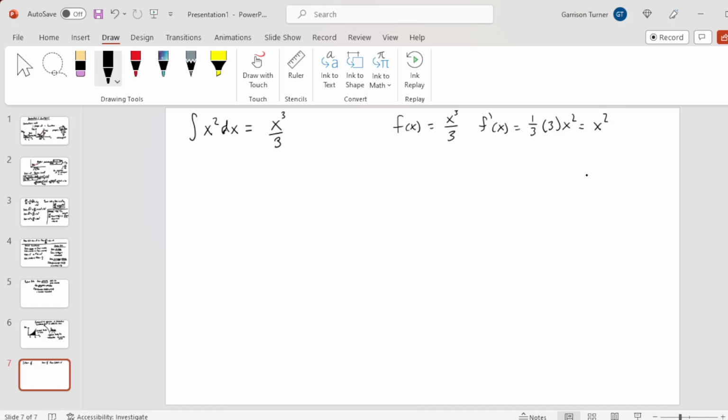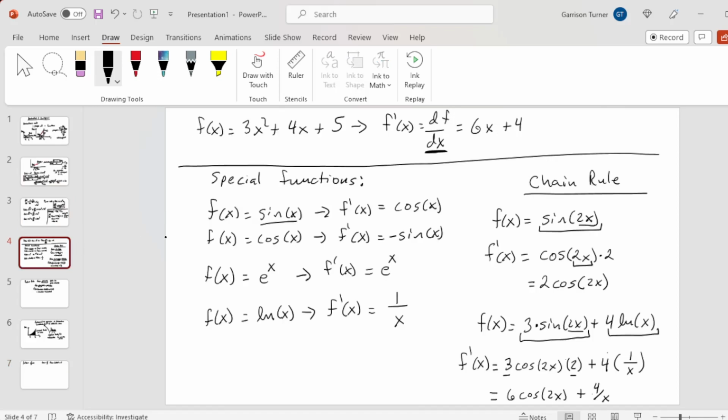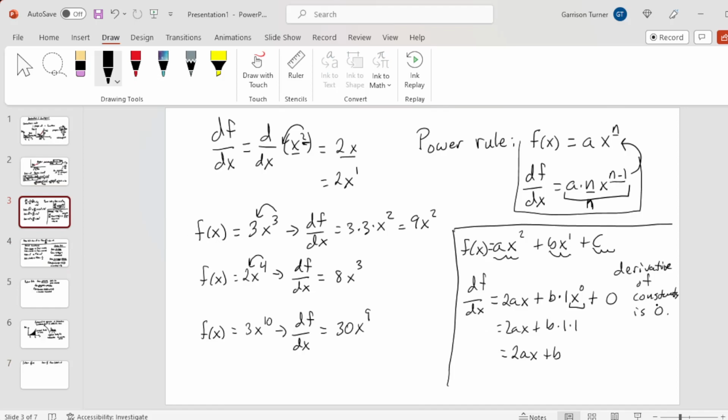So that's great. Now there's one extra point about indefinite integrals, and that is we always have to add a constant. Okay? And this is because the derivative of a constant is 0, so there can always be a constant at the end of a polynomial chain, or really any function.